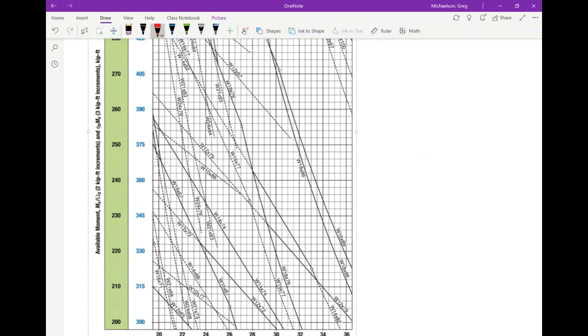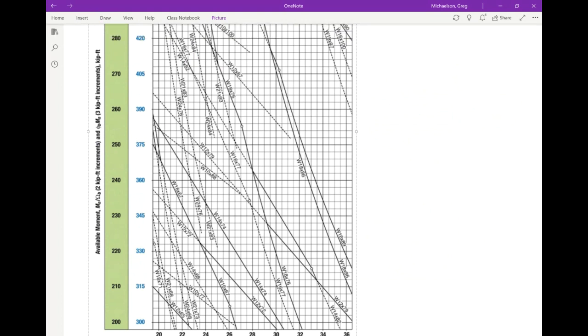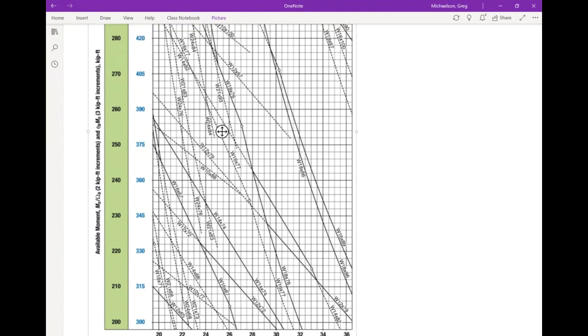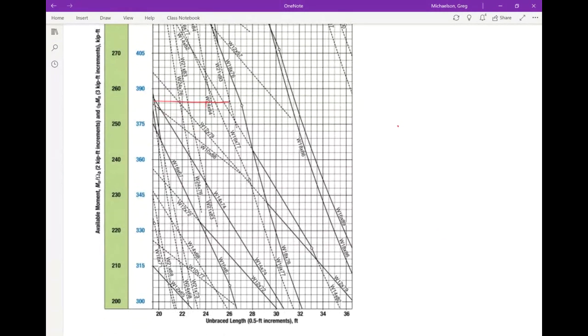So that's about, maybe somewhere about like that. That's close enough. And then LB is 24. So we're looking at about right there. And so the W18 by 76.